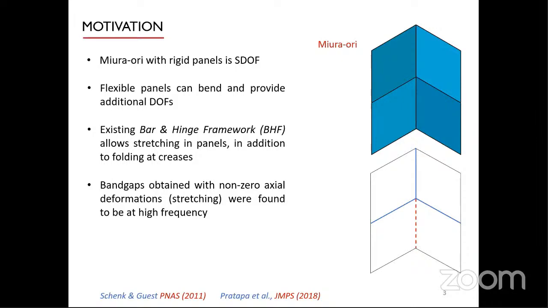So researchers chose to model origami with non-rigid panels and succeeded in designing origami lattice metamaterials with elastic wave band gaps. However, the non-rigid panels allow for stretching deformations that resulted in origami lattices with band gaps but at very high frequencies, unsuitable for typical engineering applications.